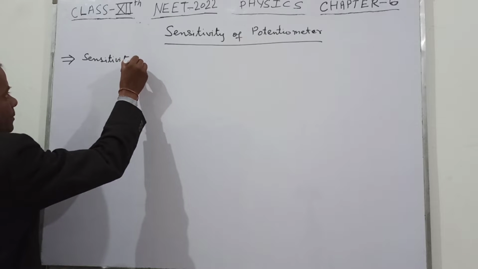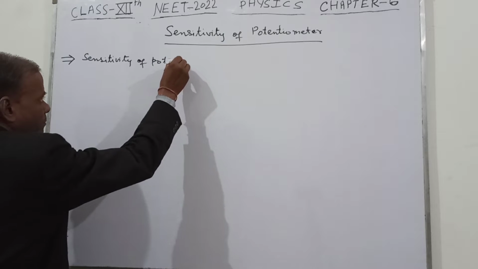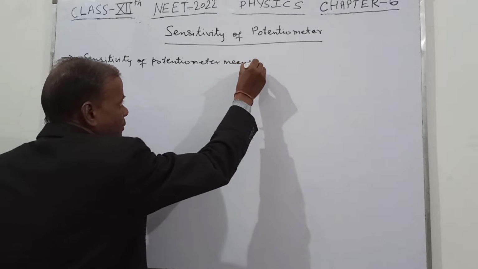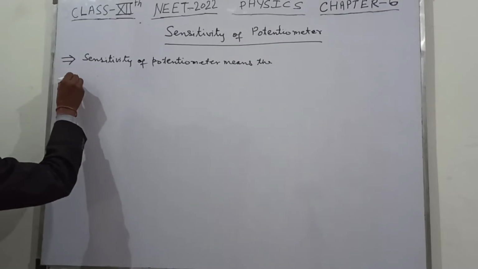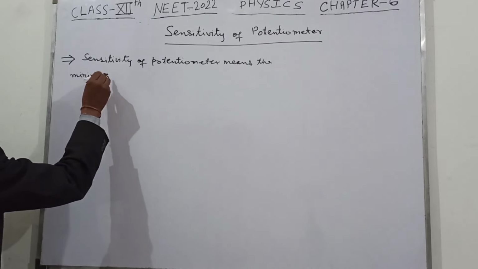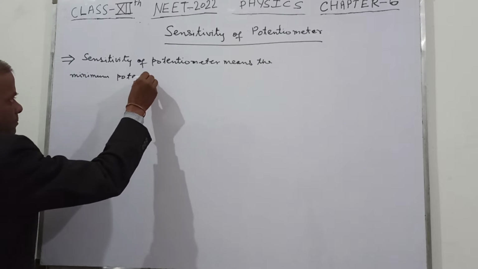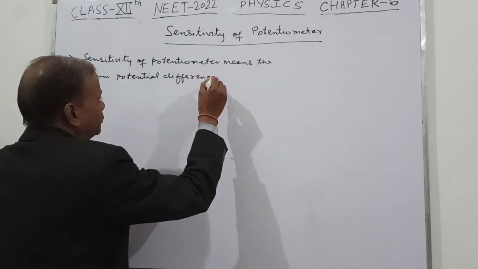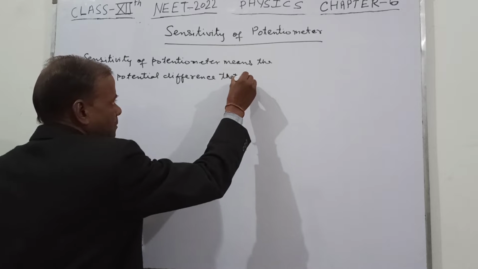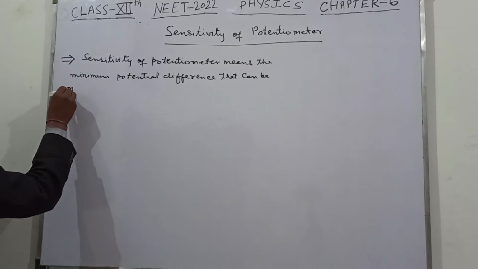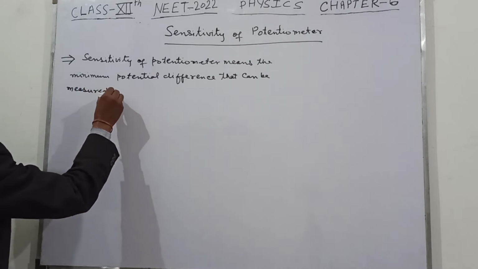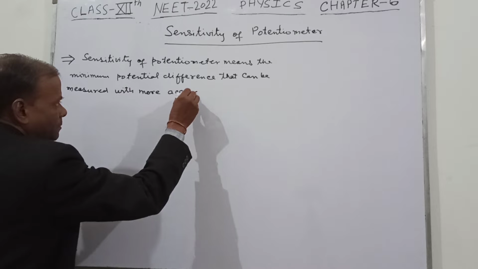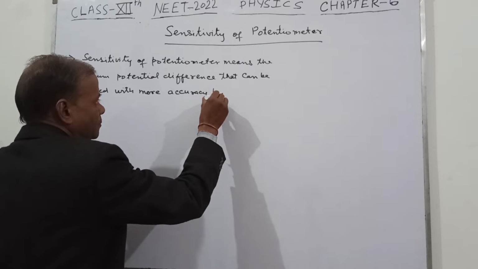Sensitivity of potentiometer means the minimum potential difference that can be measured with more accuracy by potentiometer.